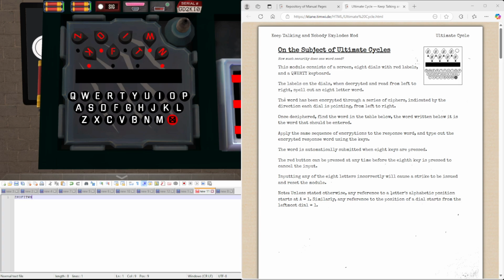ZKOFITWN. This is scheduled from left to right, so we'll be doing it from right to left then.